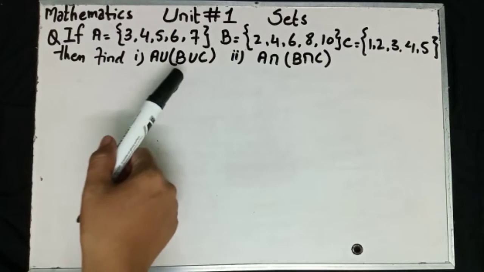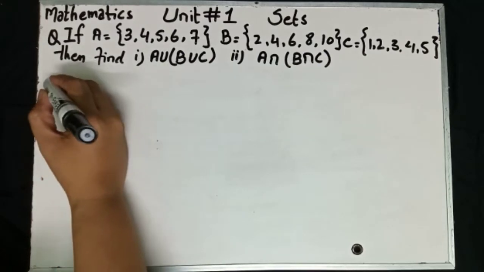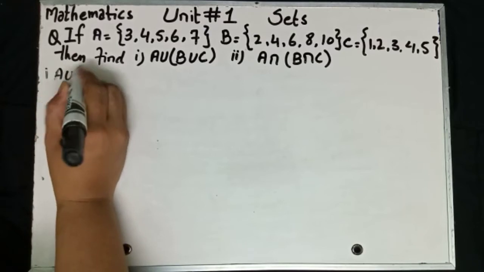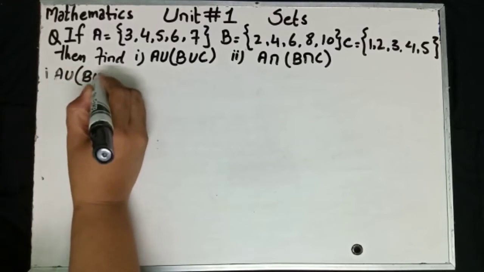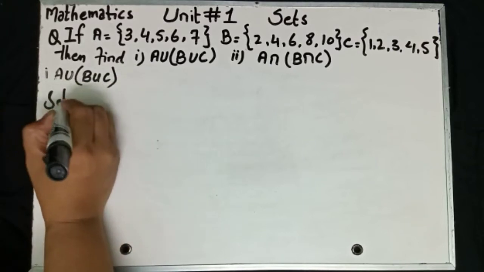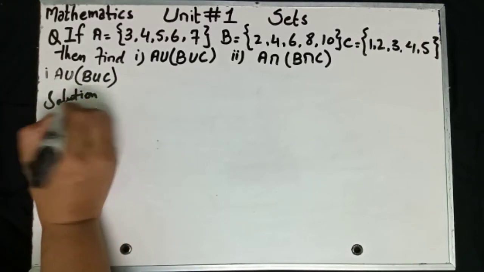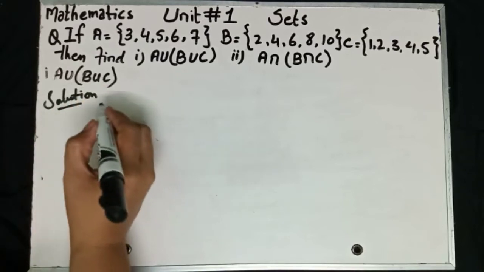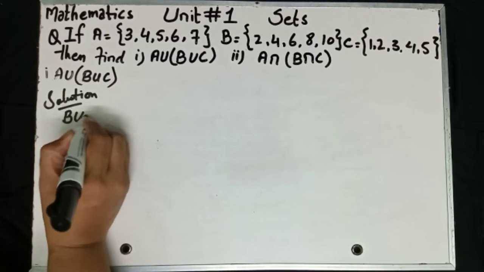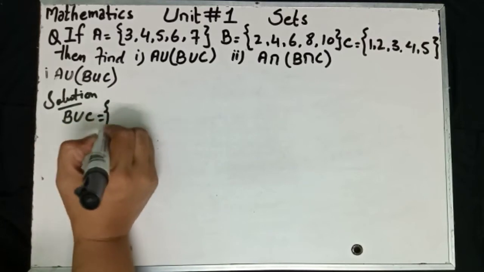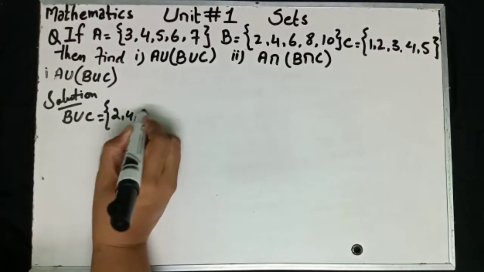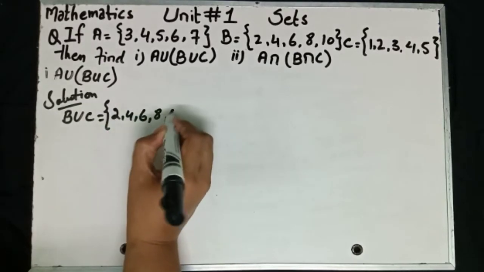Okay, so first we solve the round bracket, the first part, A union (B union C). So first we solve the bracket: B union C. Elements of set B: 2, 4, 6, 8, 10.